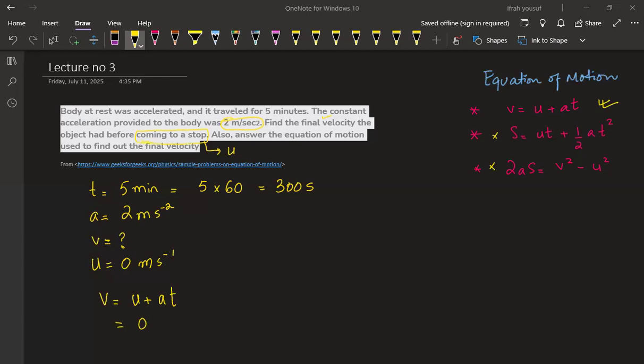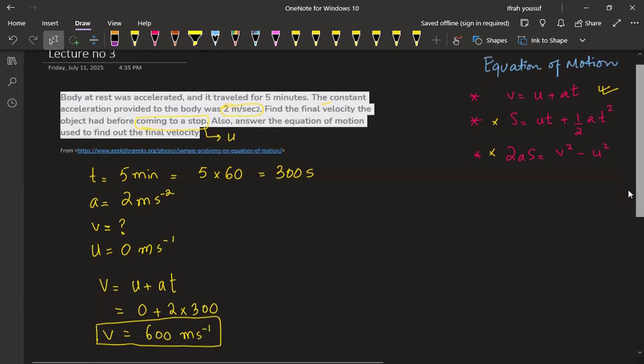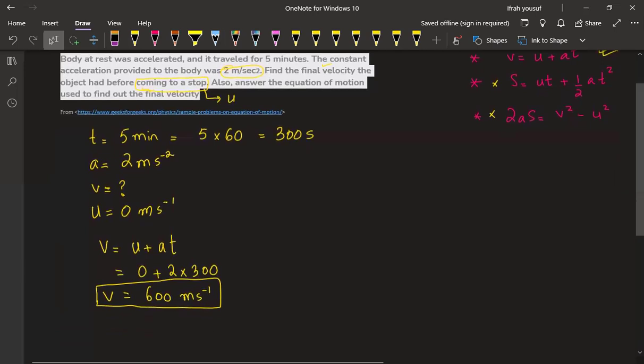And what is the value of a? 2. So it's 600 meters per second, right? It's literally a piece of cake. Let's do another one.